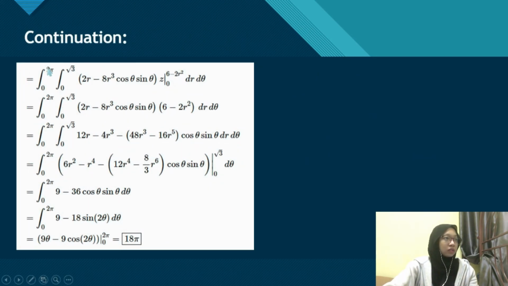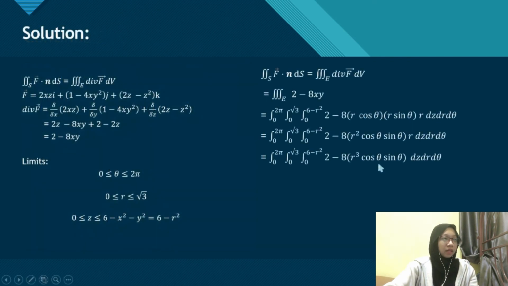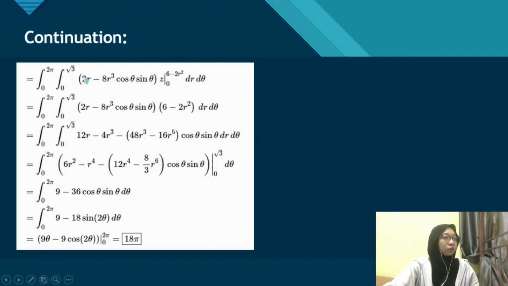So this is the continuation. As usual, we integrate with respect to z, and we get (2r minus 8r cubed cos theta sin theta) z, and then we substitute 0 to 6 minus 2r squared into z, and we expand it, and I got this.